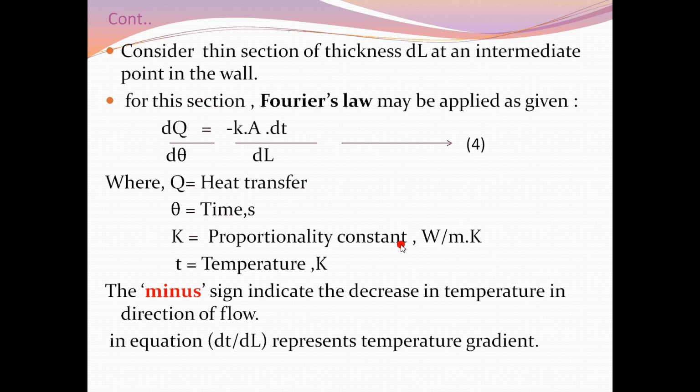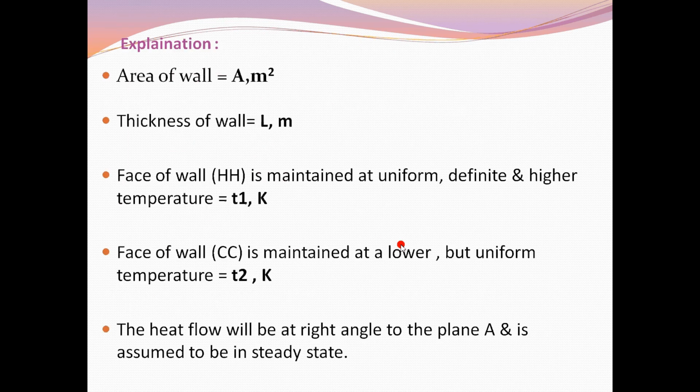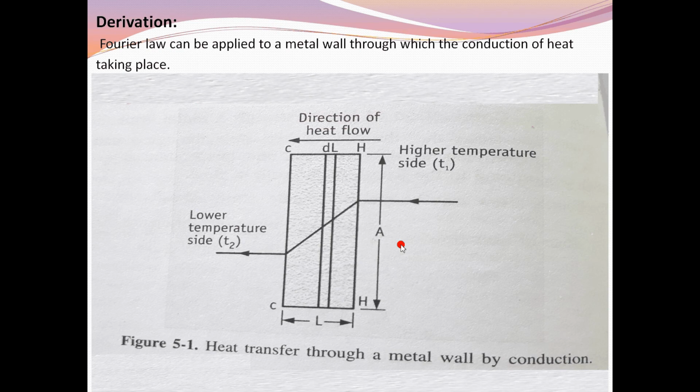Consider a thin section of thickness dl at an intermediate point in the wall. In this diagram, this is the intermediate point dl of this metal wall. On this thin section dl, Fourier's law may apply.